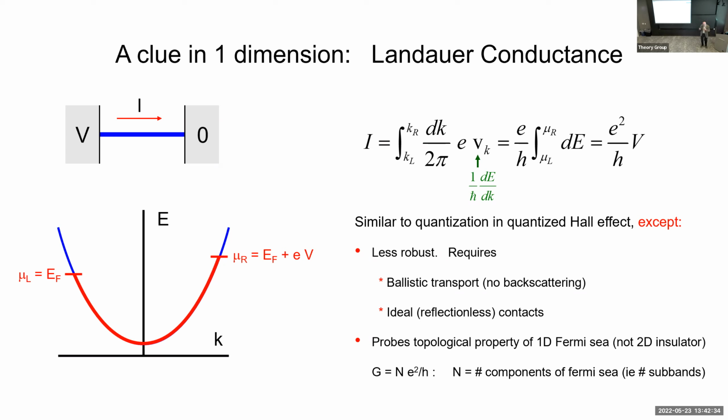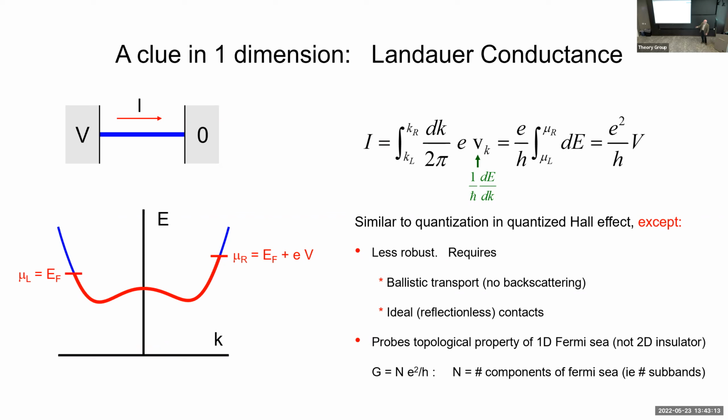But the edge states in the quantum Hall effect, they are a topological property of the interior of the quantum Hall state. Okay, and you see here, I want to say that this is a topological property as well, but it's not a topological property of some two-dimensional insulating state. It's a topological property of the filled Fermi sea. Okay, and it is topological in the sense that I can change the details of this dispersion. I can move it a little bit, and it's still going to be the same.